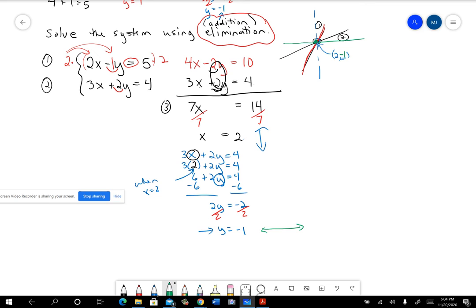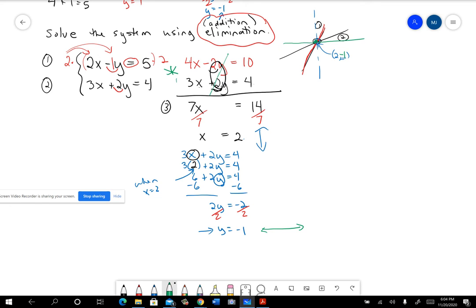So if you're going to use elimination or addition, this is what I have to see right here. I have to see where you worked to try to get either the y variables to have opposites out in front or the x's to have opposites out in front. So when you add the two equations, see how the variable went away? It was eliminated.